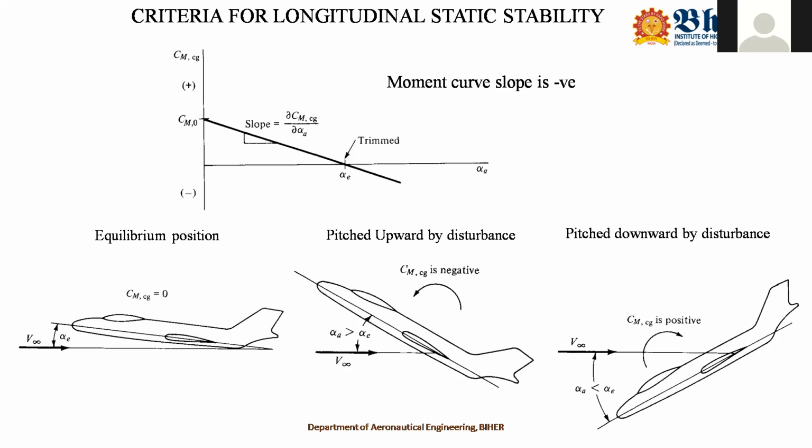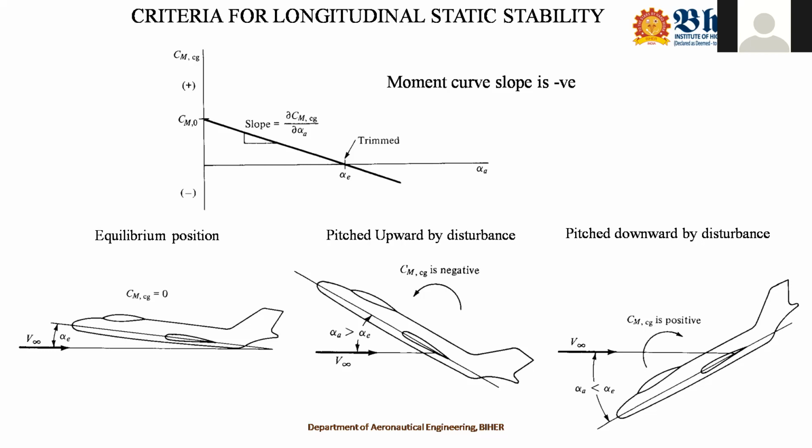So now look at this figure. When it is moving in the clockwise direction, it tends to move the aircraft towards the original equilibrium condition. Which means that it tends to move towards stability. So understood? Just to recollect the previous video, we have studied static stability, right?